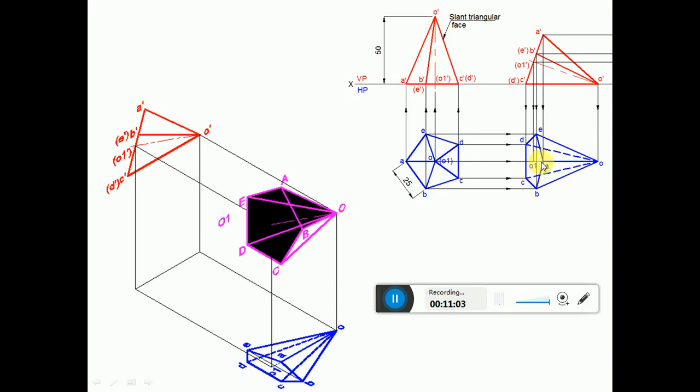And O1 has to be a center line. Since OA is covering that line, from A to O1 you represent it with a center line. That is also evident here. When you look from the top view, ABCDE is near to the observer, so ABCDE is visible. Since O1 is on that surface, naturally O1 is going to become visible.